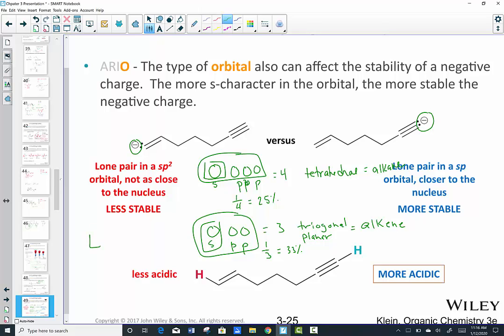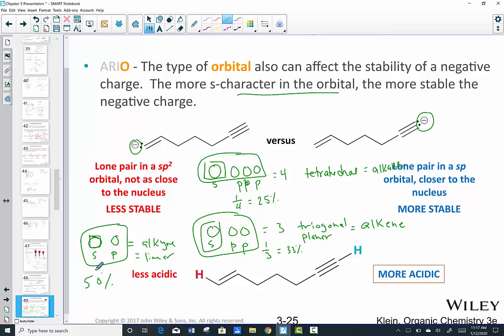When we compare the acidity of the compounds, the least acidic comes from the orbitals sp3, all single bonds. Next we would have sp2, and the most acidic would come from sp, a linear molecule. The terminal end of an alkyne is much more acidic than the terminal end of an alkene, which is more acidic than the terminal hydrogen of an alkane, all with the ability to stabilize the negative charge based on the distance from the nucleus and the quality of the s character.